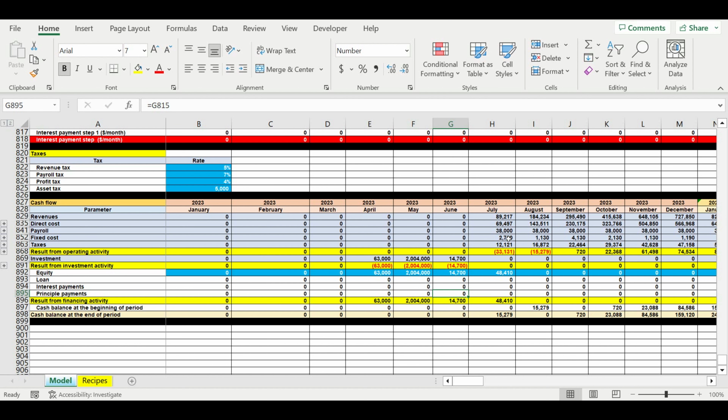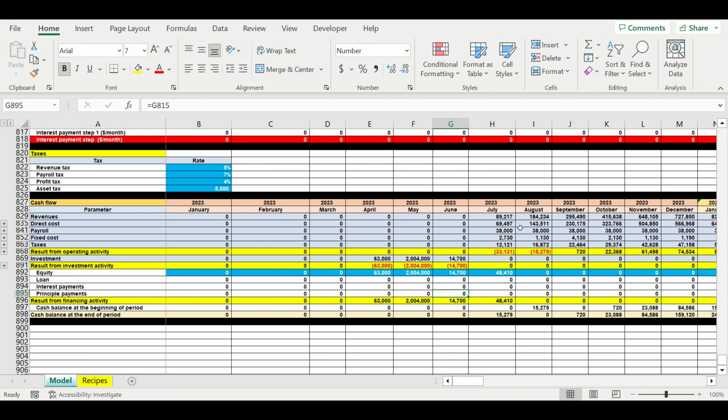So the step of calculation is year 1, year 2, year 3, year 4, year 5. Usually the best way to calculate your financial model is to use monthly, the step of calculation of 1 month. I will explain you why.